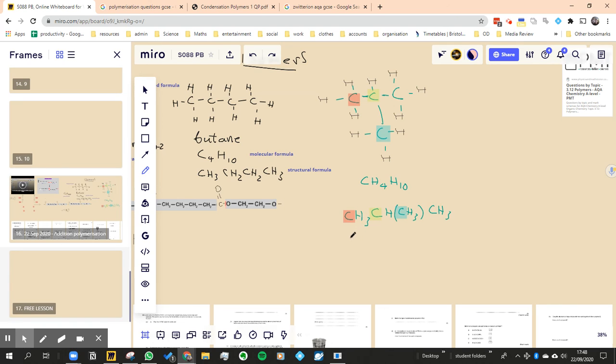What about naming it then? It's this bit here, and this is something you do need to know for GCSE, I believe. This group, we can call this a group, is called a methyl group.